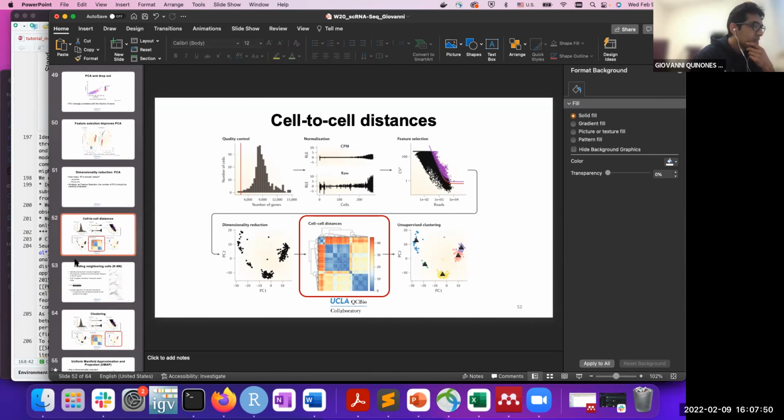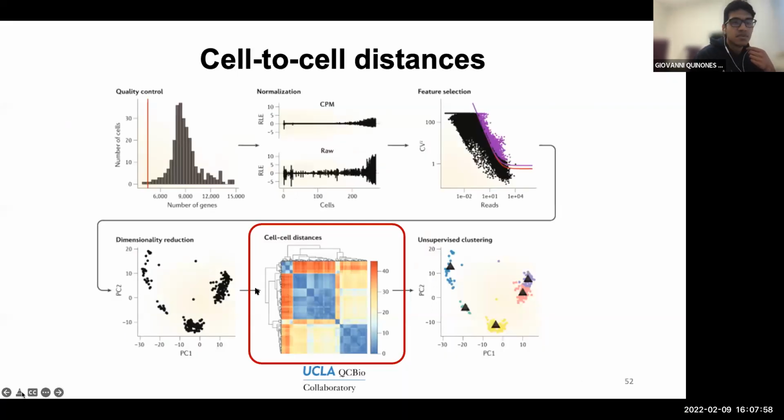So let's go back to our slides into our data analysis pipeline. We've talked about dimensionality reduction and PCA. And in order to cluster cells, now we're not using expression values anymore, or CPM or scale or any of that.